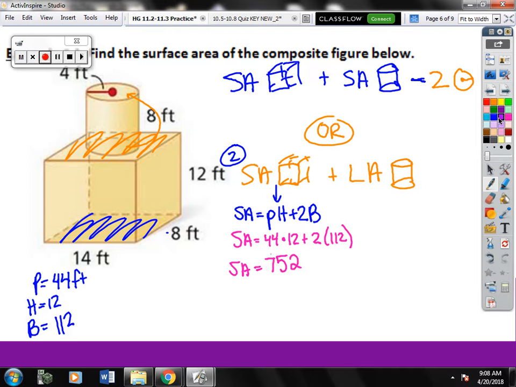Then we have to find the lateral area of the cylinder. What's the formula for lateral area of a cylinder? 2 pi r h. Remember, perimeter of a circle is the circumference, which is 2 pi r times h.